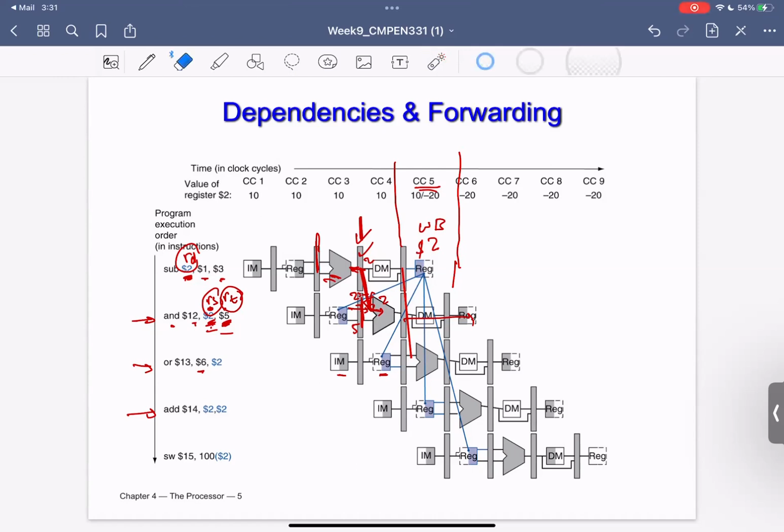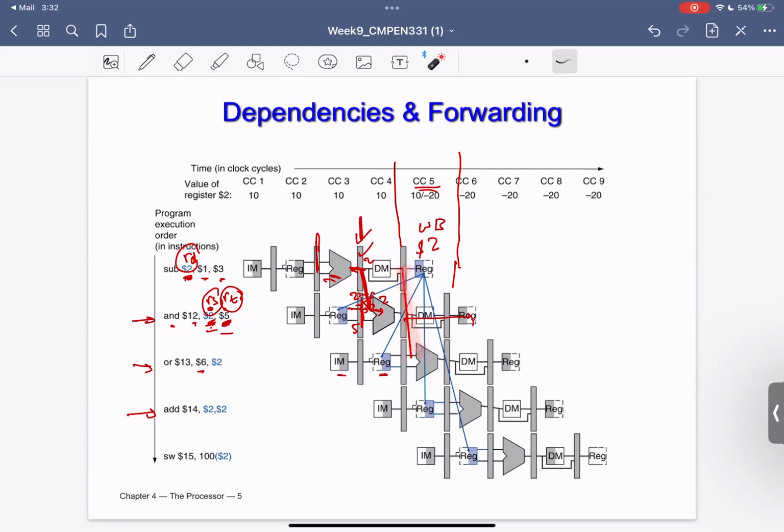Again, the same concept: I'm checking if my RS or RT, meaning if this was 2 or this 2, any of these, is equal to the RD in the one earlier previous instruction, then there is a hazard and I have to do forwarding. But in this case, I will do forwarding from the output of the memory to the input of the ALU.